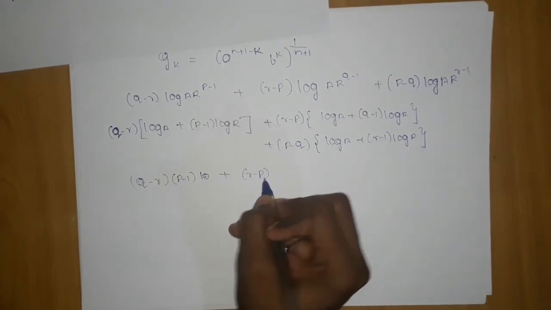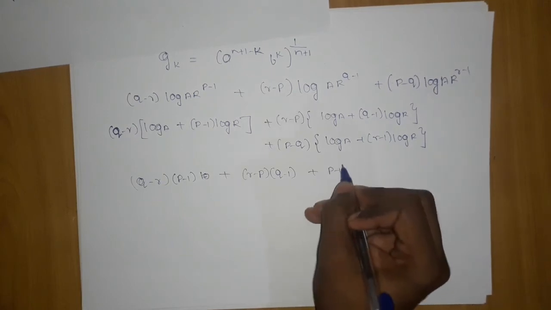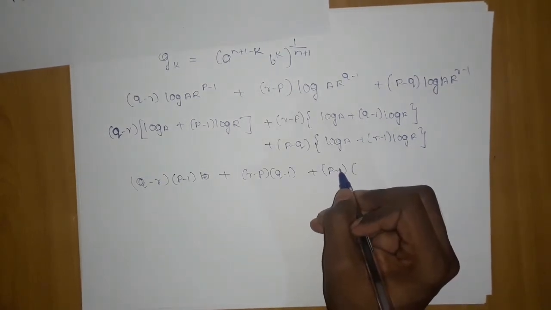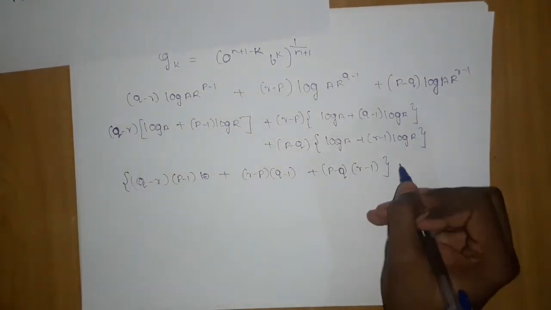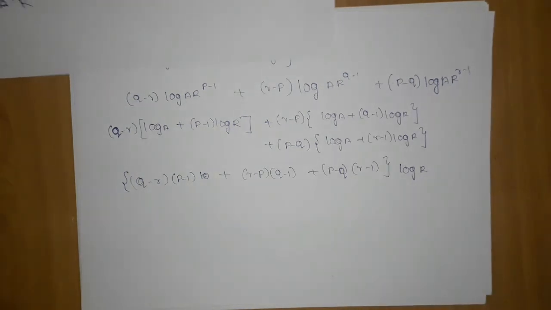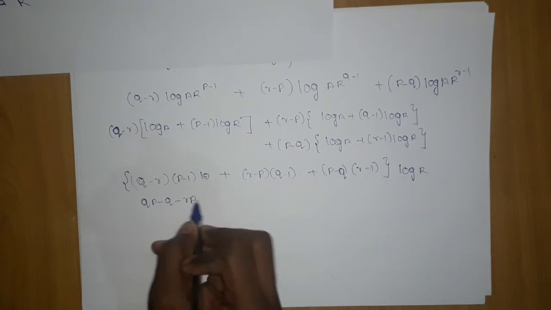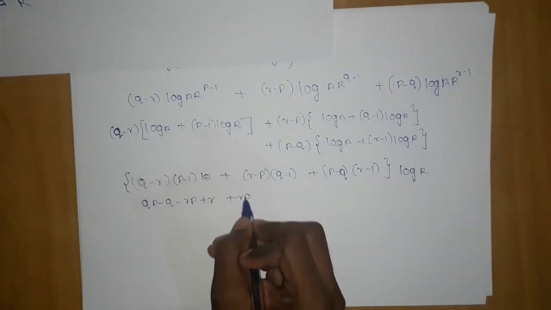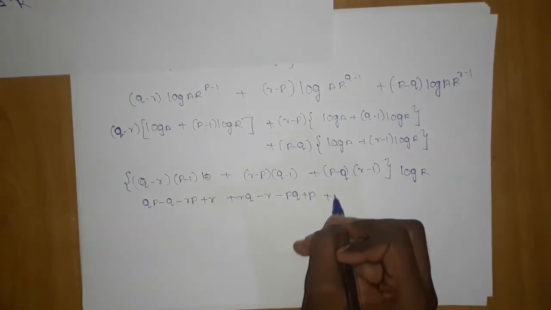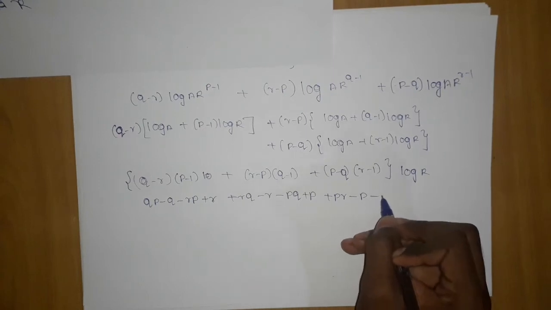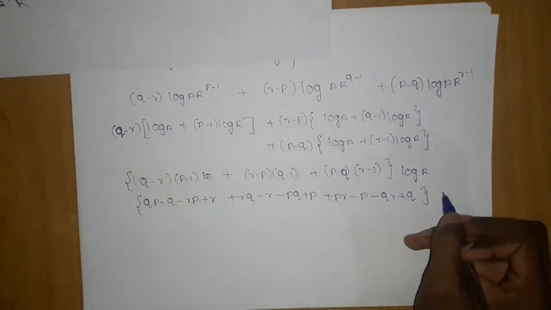Similarly, r minus p into q minus 1 into log r, and p minus q into r minus 1, the whole thing we have taken log r common. Now if you see, it is nothing but qp minus q minus rp plus r, rq minus r minus pq plus p, pr minus p minus qr plus q, this thing into log r.